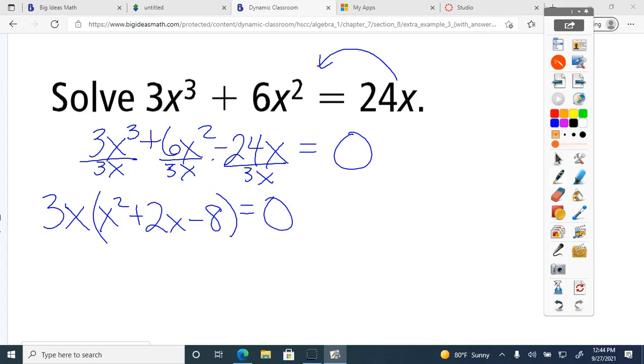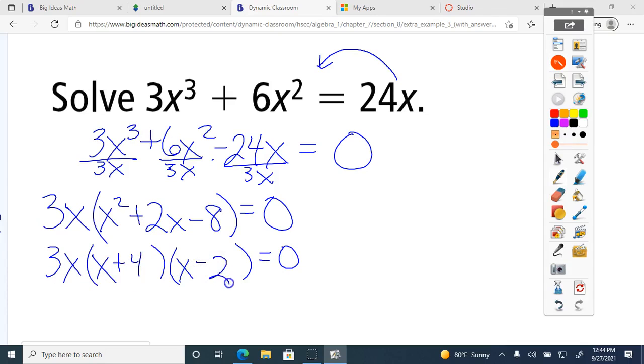Can we factor that trinomial? Yes, there are two numbers that multiply to be negative 8 and add up to 2. 4 and what? Positive 4, negative 2. Again, check it real quick. 4 times negative 2, is that negative 8?